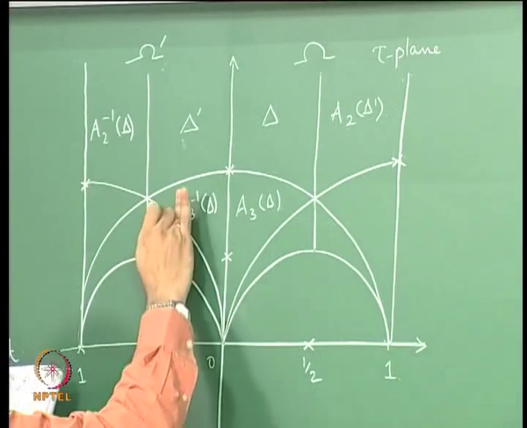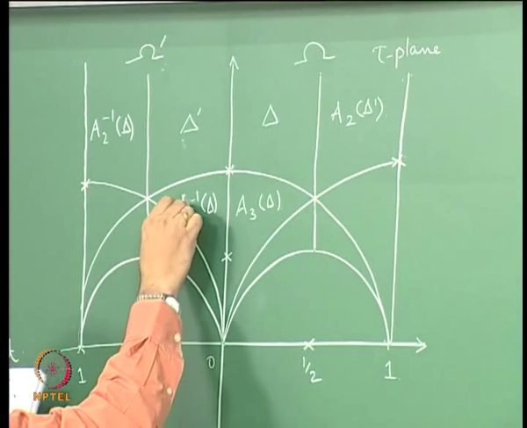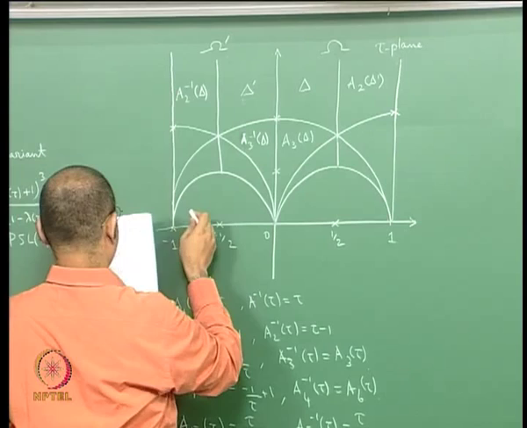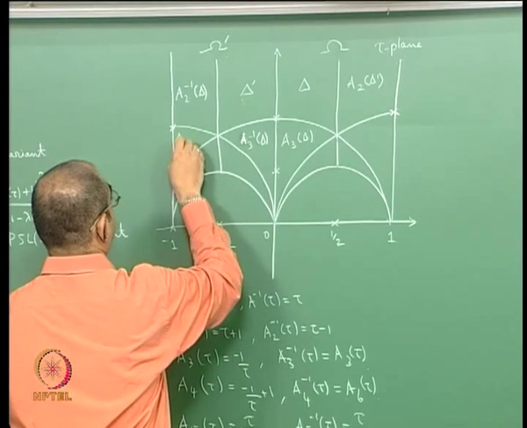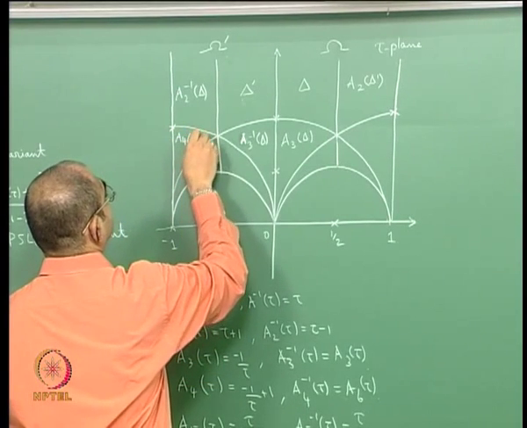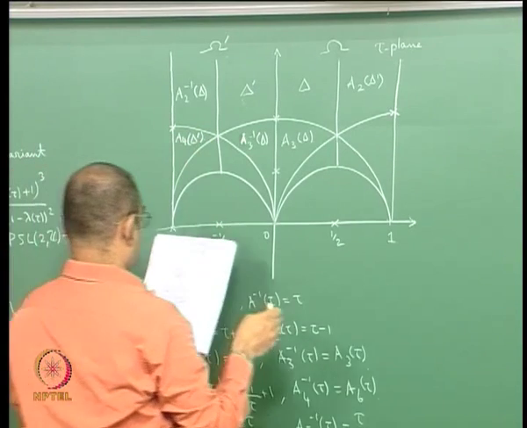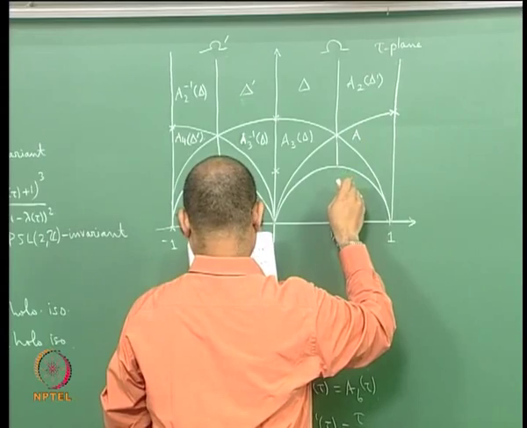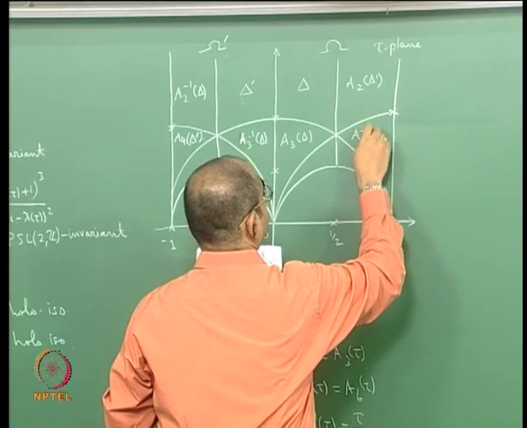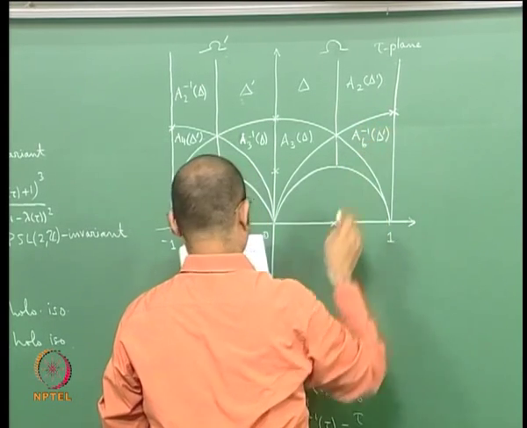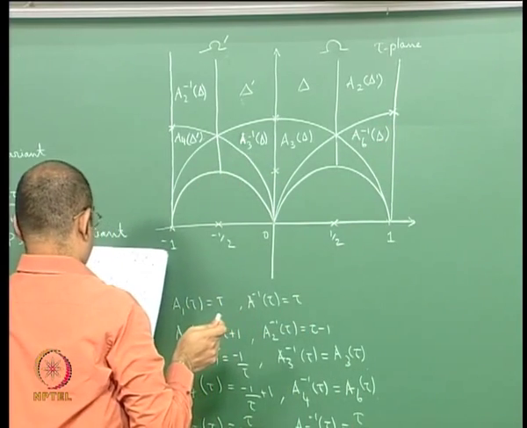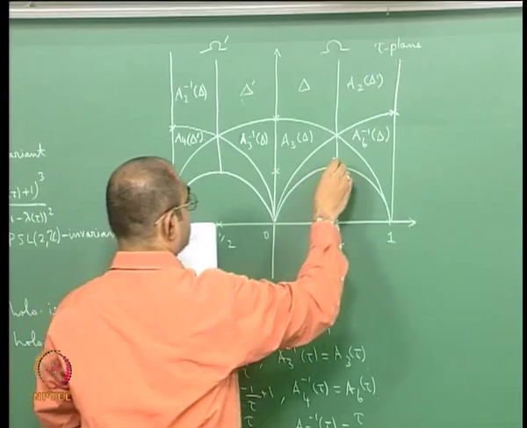Okay, then this is A4 of delta prime, and this is A6 inverse of delta prime. This is A6 inverse of delta, and this is A5 of delta.